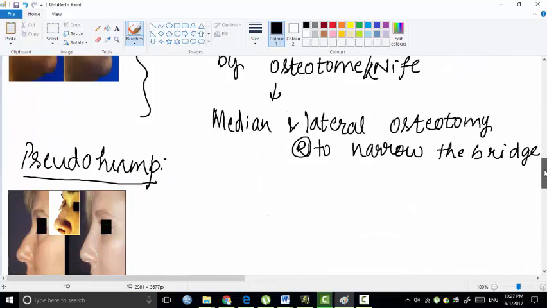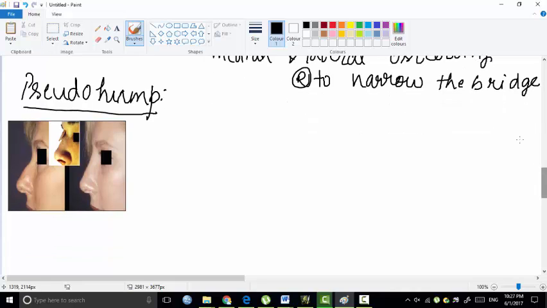Even here there is a hump and here there is a hump. But why is it called a pseudo hump? The major reason is that it is not formed by bone, but mainly due to septal cartilage which is subluxated. That is, it should be in a particular position, but it undergoes subluxation, right?